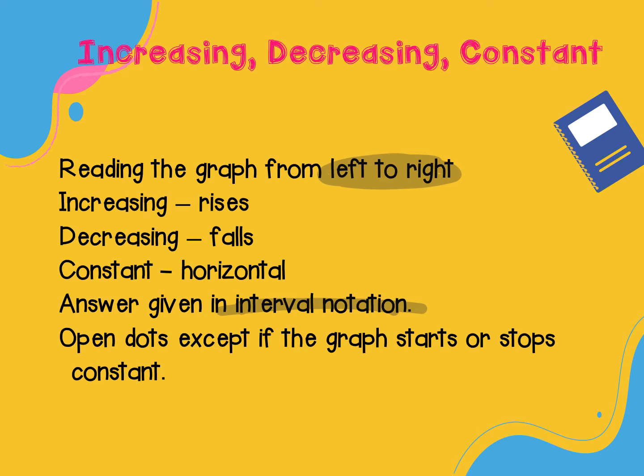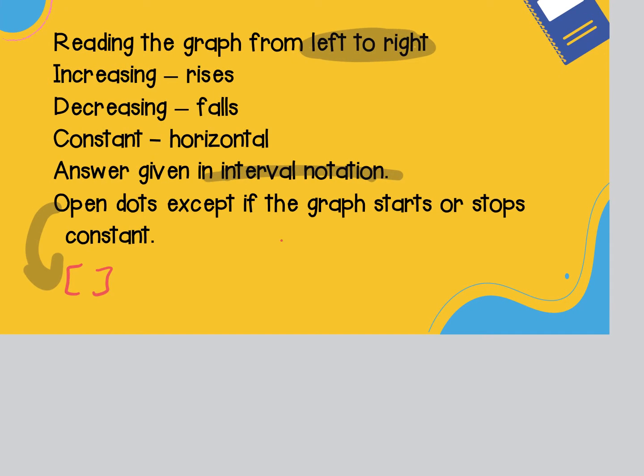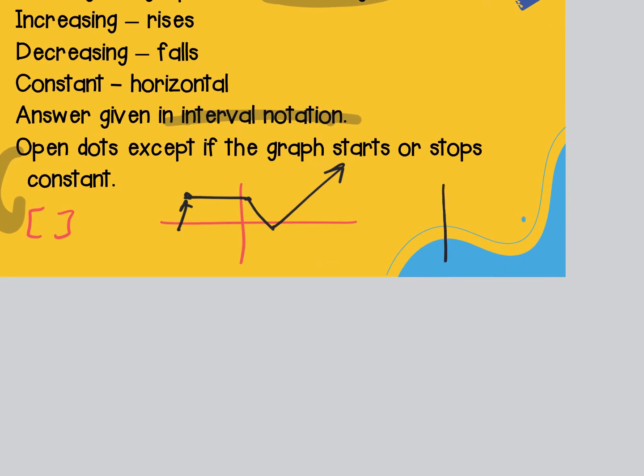So the only time open dot or bracket is going to happen is if my graph starts constant like this, and then it could change so it's decreasing, and then it could change so it's increasing, something like that. This would get a bracket, or the reverse if it ends. So let's say it does this, and then it ends constant, then it would get a bracket. Everything else in increasing and decreasing gets a parentheses.